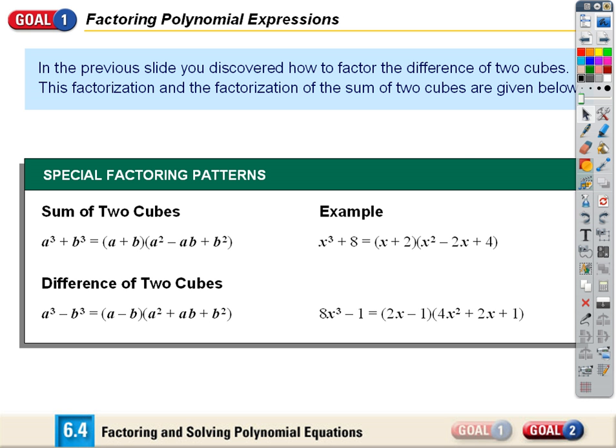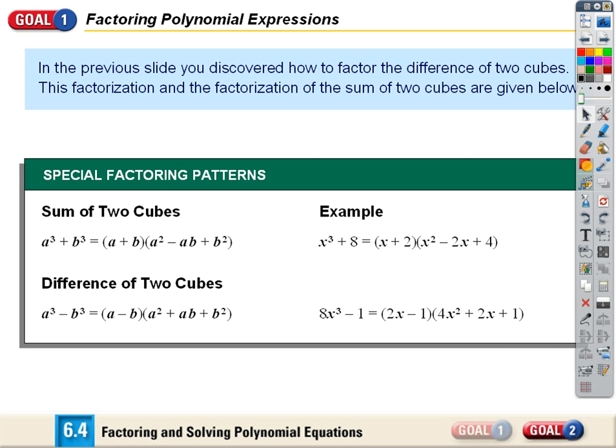What we know is that whenever I see something like this, a sum of two cubes, something cubed plus something cubed, call the first something A and the second something B, it will always, every time, factor into this pattern. It's going to factor into the quantity A plus B times the quantity A squared minus AB plus B squared.